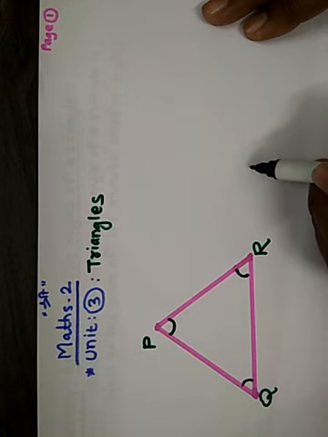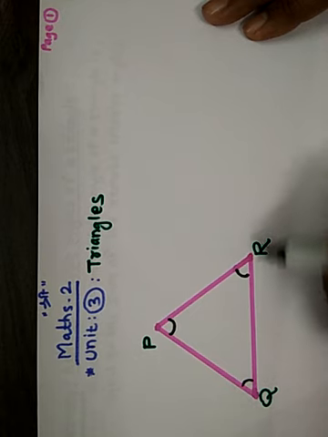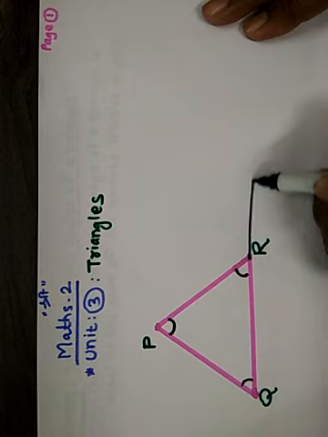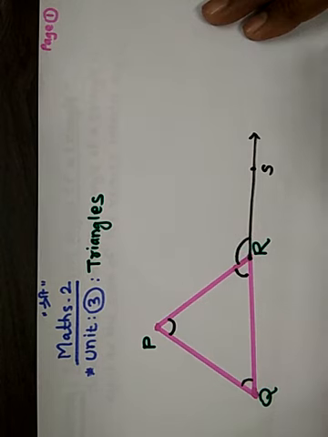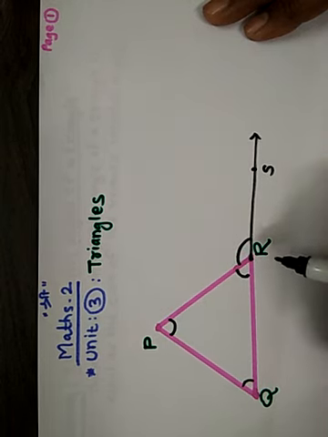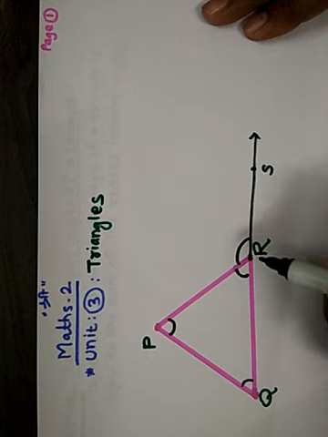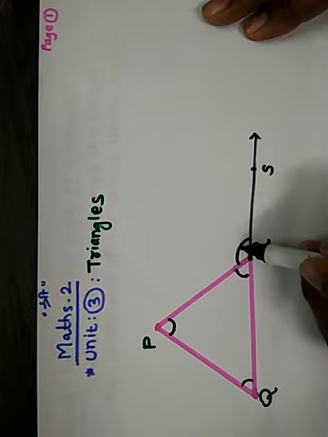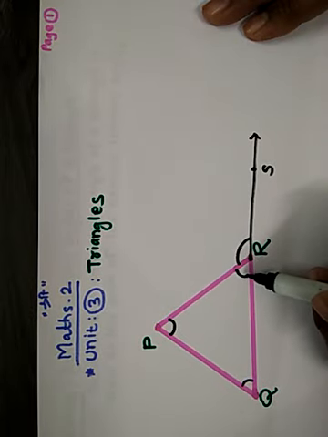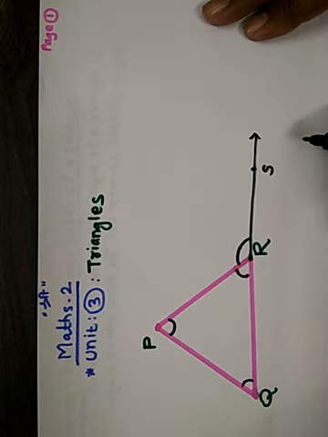And if we extend this ray QR such that the angle so formed, angle PRS, is called an exterior angle. What is the definition of an exterior angle? The angle forming a linear pair with its interior angle is called an exterior angle.